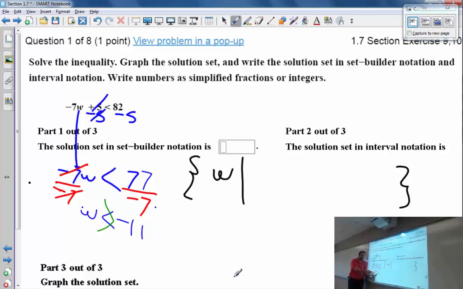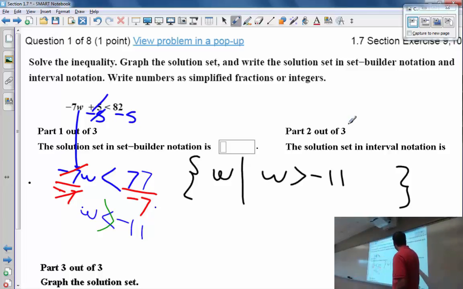Now put your solution right here, which is W greater than -11. Okay? That's it. This is part 1. Let's get to part 2, and then we put all together the answers in the homework.